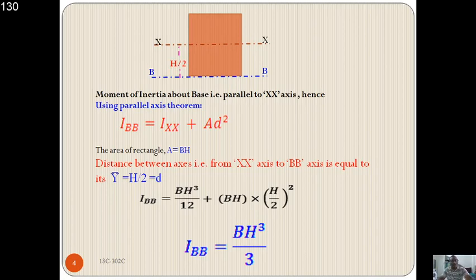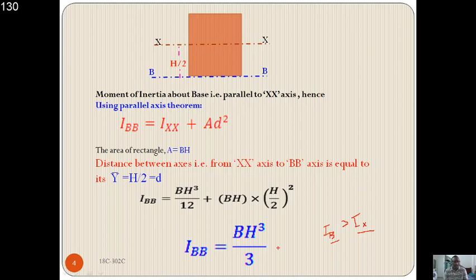So it is observed that IBB is greater than Ixx, because if the axis is far away from the original centroidal axis, then the moment of inertia increases.